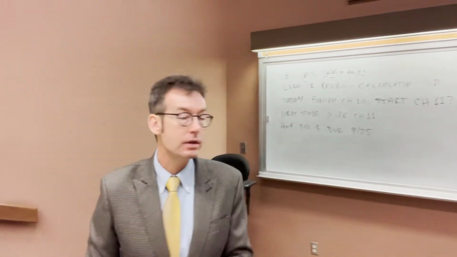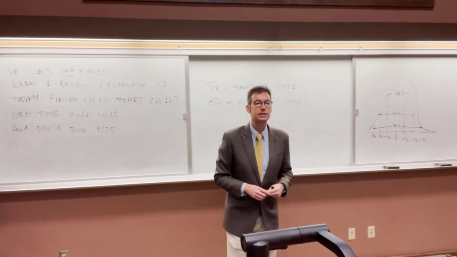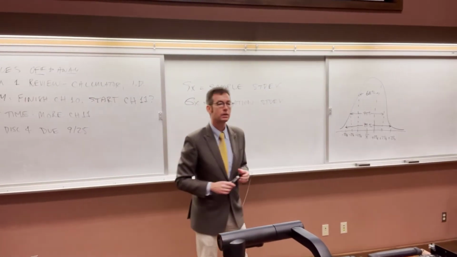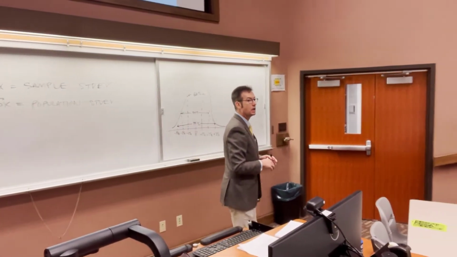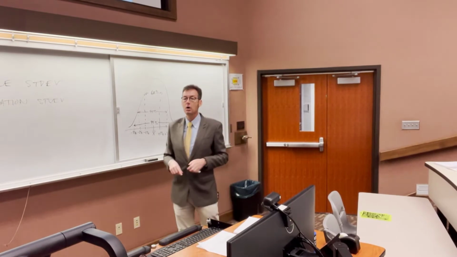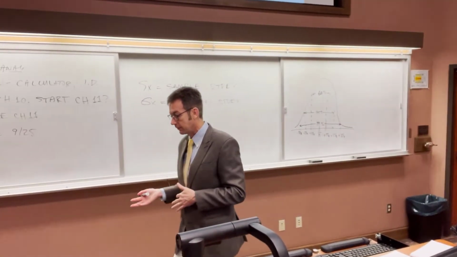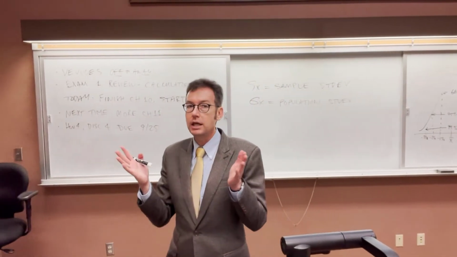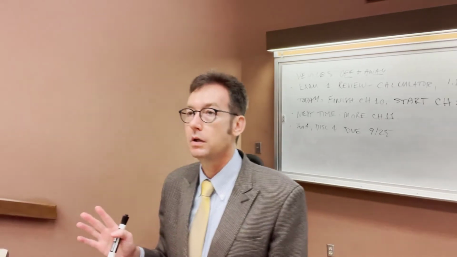Okay, now another thing I'm going to tell you about the normal distribution is that it is symmetric about the mean. What does symmetric mean? Yeah, it's supposed to be the same on each side. And so that can start to tell us some things. For instance, we have 68.26% between -1 and +1.